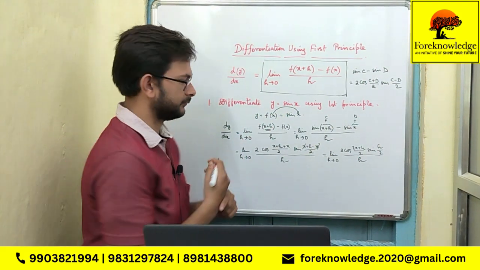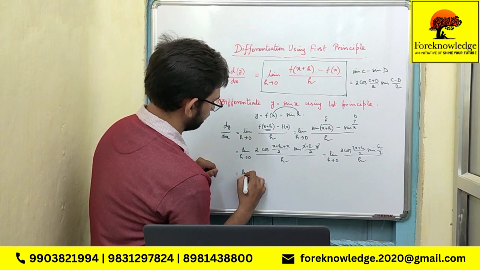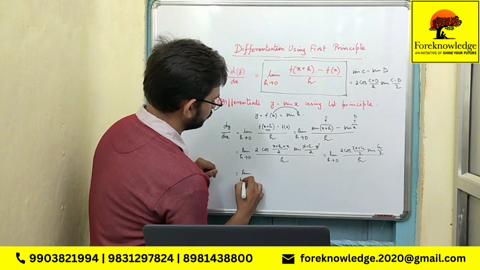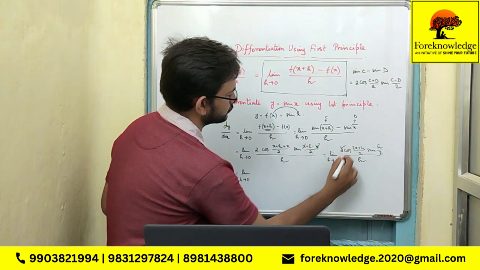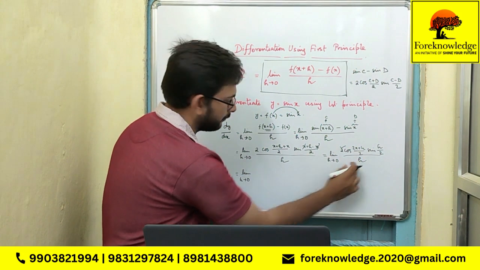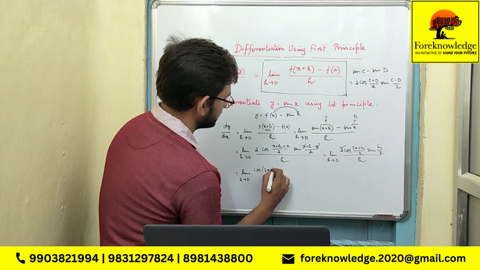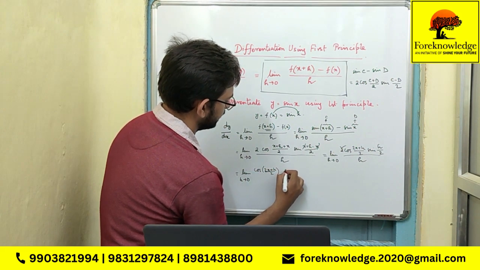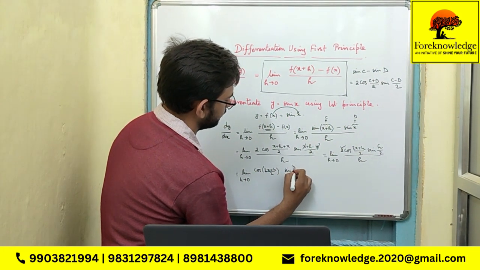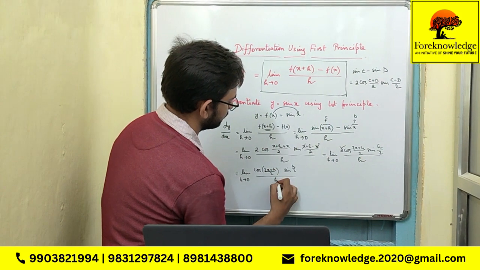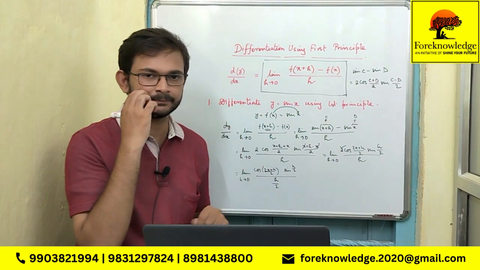Now we move this 2 into the denominator. Why? 2 cos (2x plus h)/2 into sine h by 2 upon h by 2. Why do we do this?